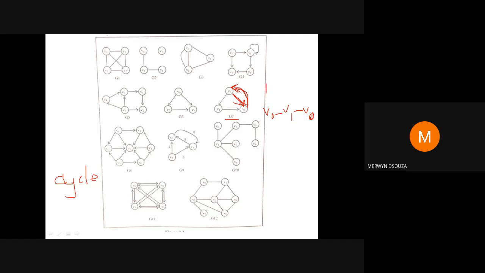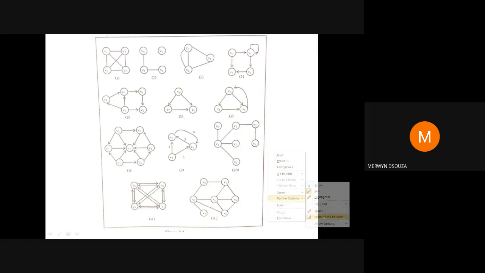The starting vertex and the ending vertex are the same, so that is an example of a cycle in a directed graph.